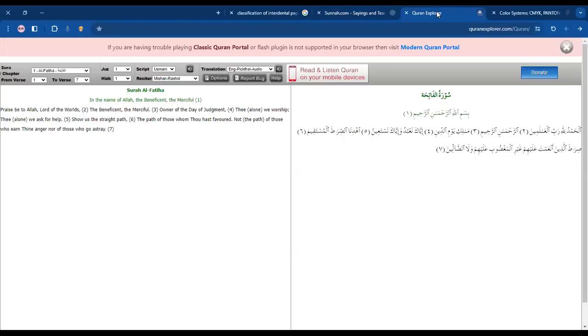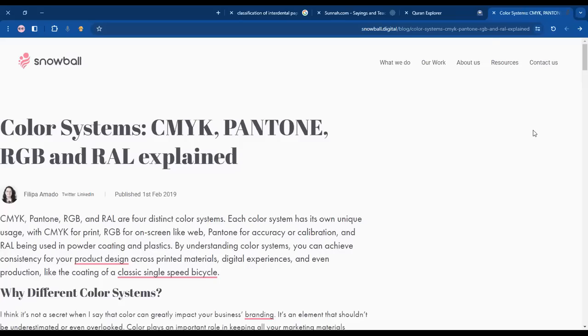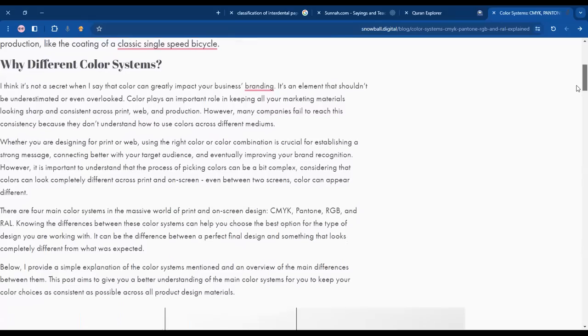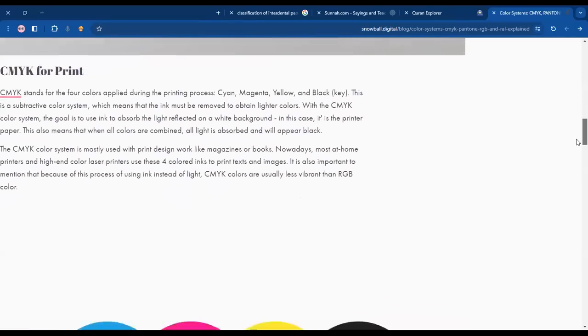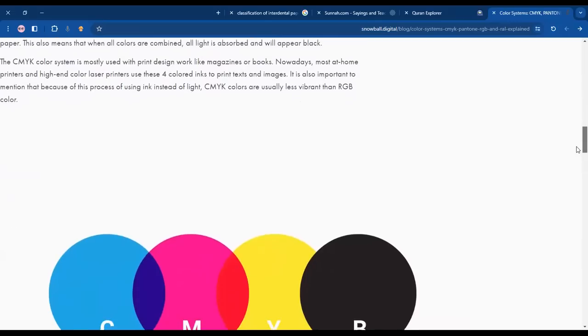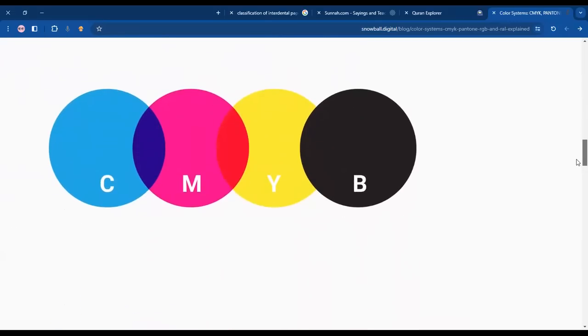if I go here, this is a website that I shared with you showing you different color systems. Some of the color systems are used because you're capturing color. You want to see color. So the RGB is a capture system. The CMYK is another system. This is for printing, if you're going to print a color.